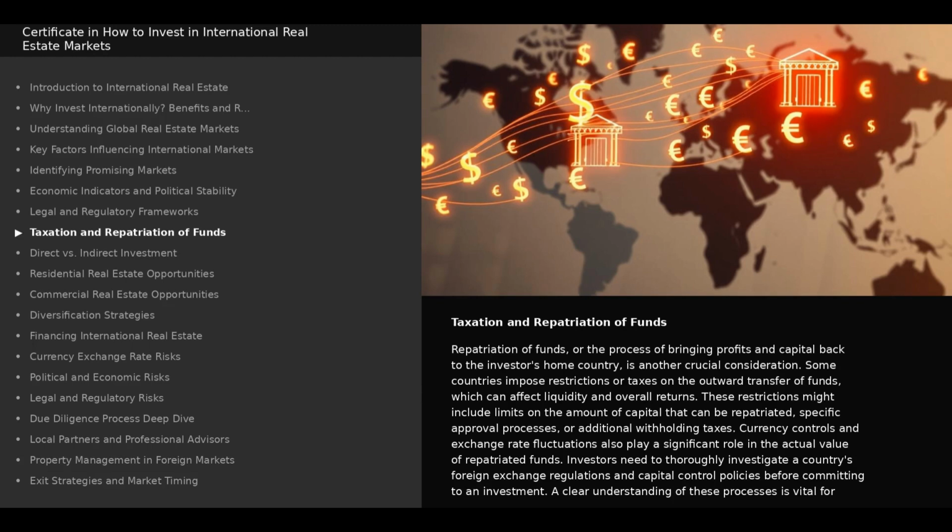Currency controls and exchange rate fluctuations also play a significant role in the actual value of repatriated funds. Investors need to thoroughly investigate a country's foreign exchange regulations and capital control policies before committing to an investment. A clear understanding of these processes is vital for managing cash flow and realizing expected profits. Proper planning ensures smooth capital movement.